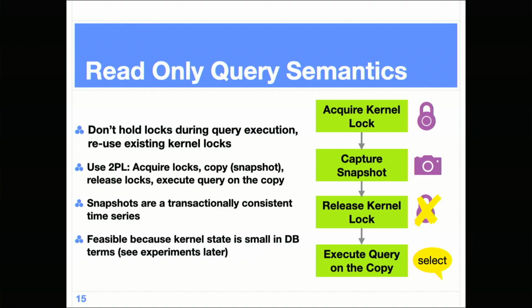Now this is all feasible because kernel state is small in database terms, right? So people who build big AI models, whatever those people do in user space, that's a lot of data. But kernel data is small, right? So all of the processes, all of the pointers in the virtual memory system, all of the sockets, the only thing that's even been challenging to store in memory is all of the V nodes in a big file system, right?